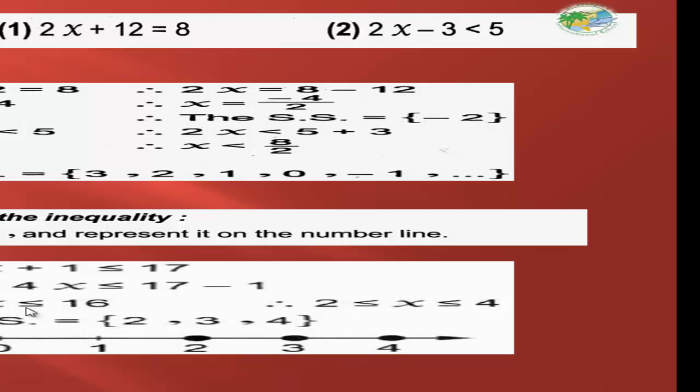We should divide the 4 on both sides, not on one side. Then the solution set, which is the numbers greater than or equal to 2 and less than or equal to 4, is 2, 3, 4, a finite set, and represent it on the number line.